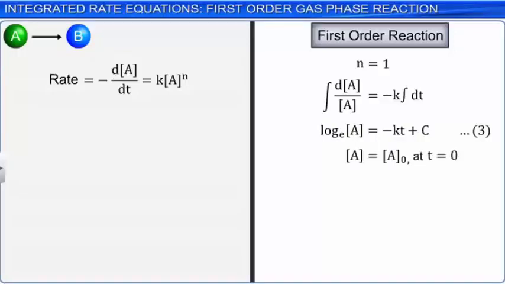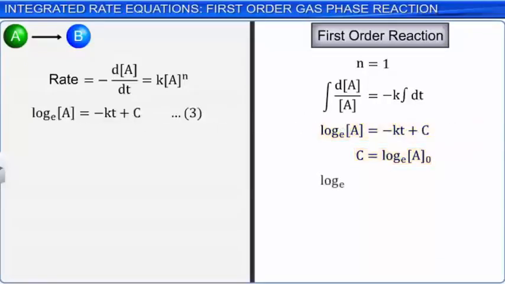Substituting the value of A0 at time t is equal to 0 in equation 3, we get C is equal to log concentration of A0 to the base e. Substituting this value of C in equation 3, we get log concentration of A to the base e is equal to minus k multiplied by t plus log concentration of A0 to the base e. Let this be equation 4.